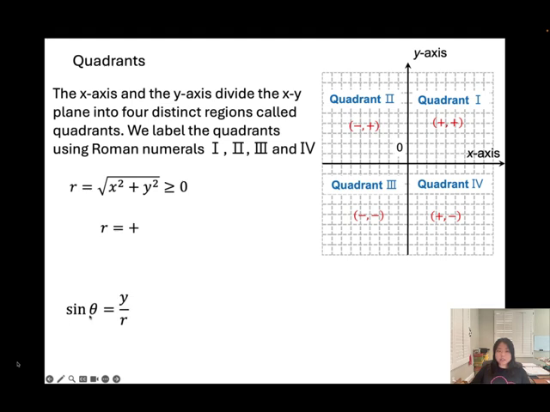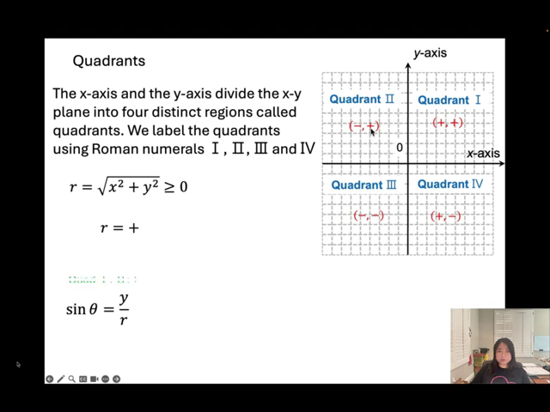Now, sine theta is equal to y over r. Think about it, r is always positive, so the sign of sine theta depends on your y. If my angle is in quadrant 1, y is positive. And when it is in quadrant 2, y is also positive.